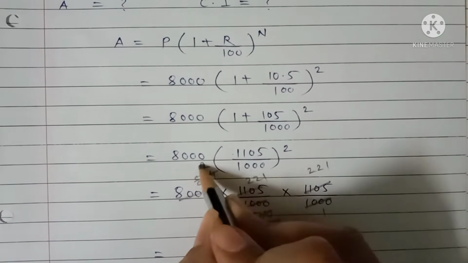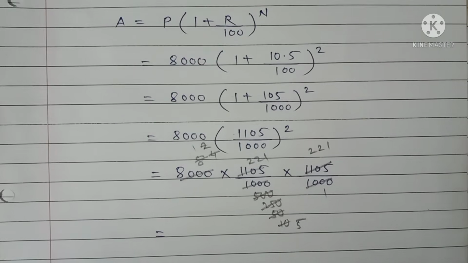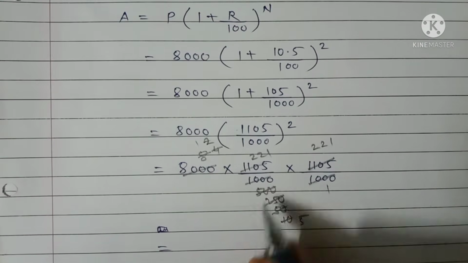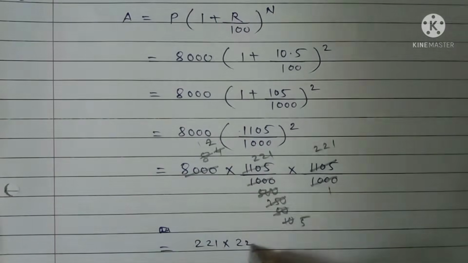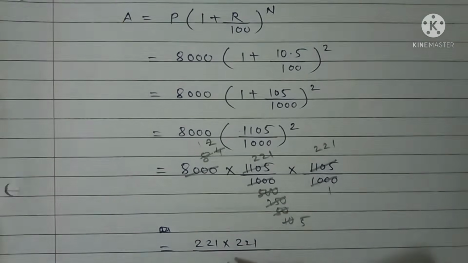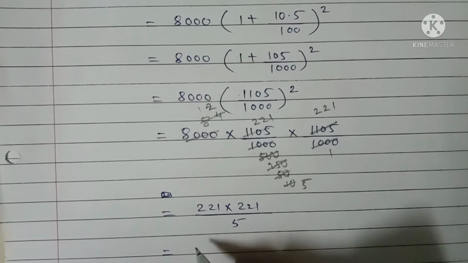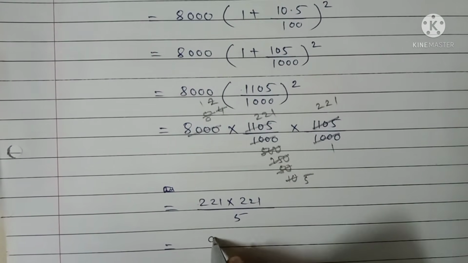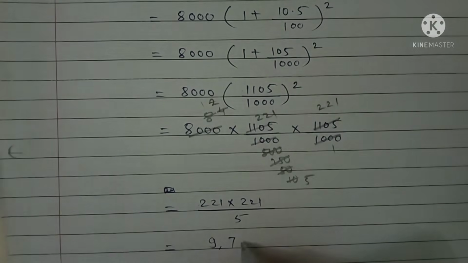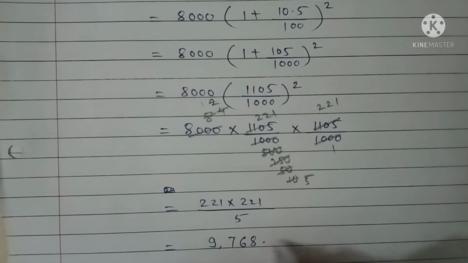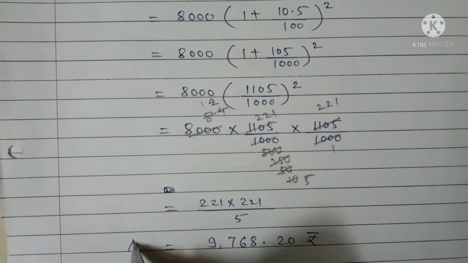Here 2 1s are 2. 2 5s are 10. Now what is remaining? 221 multiplied by 221 divided by 5, means your answer is 9,768.20 rupees. This is your amount.